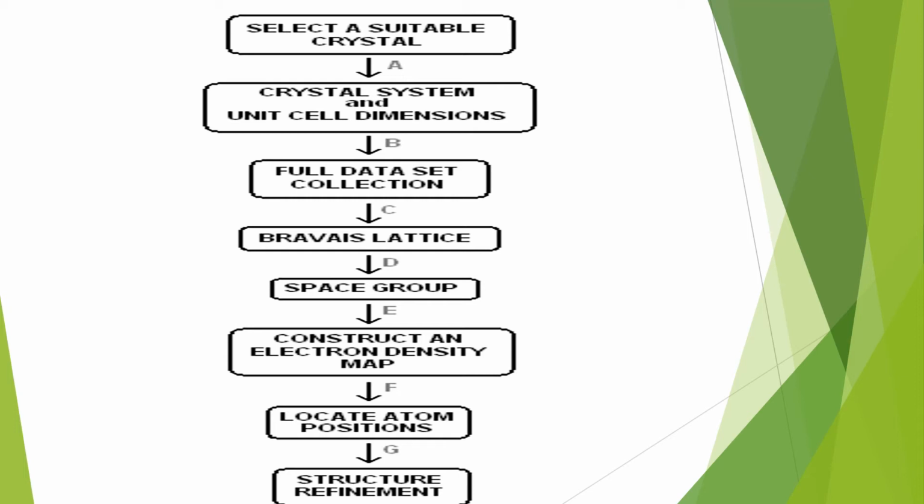Construction of an electron density map is required. After that, the location of the atom or position is studied, and at the end, structure refinement comes.